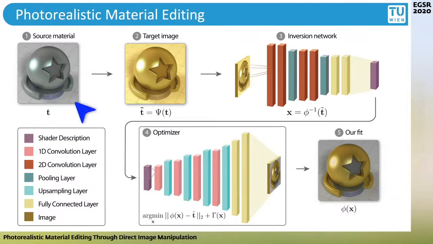We take an image of the initial source material and edit it to our liking to get this target image. Then we create a coarse prediction with a selection of inversion networks to initialize the optimizer with the prediction of one of these neural networks. Preferably a good one, so the optimizer can start out from a reasonable initial guess. So, how well does this hybrid method work? I'll show you in a moment.